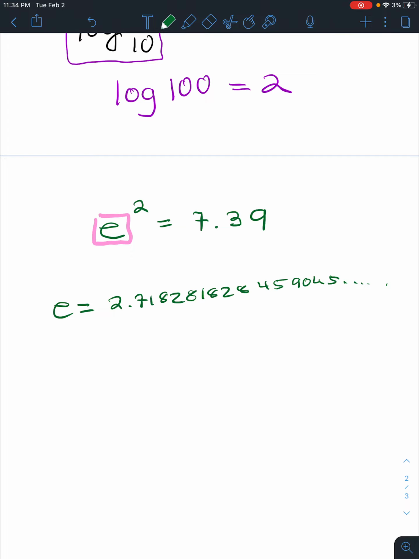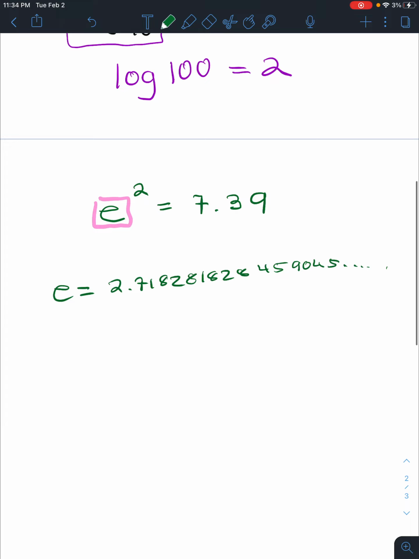So technically, if I was going to write this in logarithmic form, I would write log base e of 7.39 equals 2. And technically, there's nothing wrong with this. But remember, e is the natural number of growth. So e just appears in a lot of mathematics that you will see in the future in your more advanced classes.